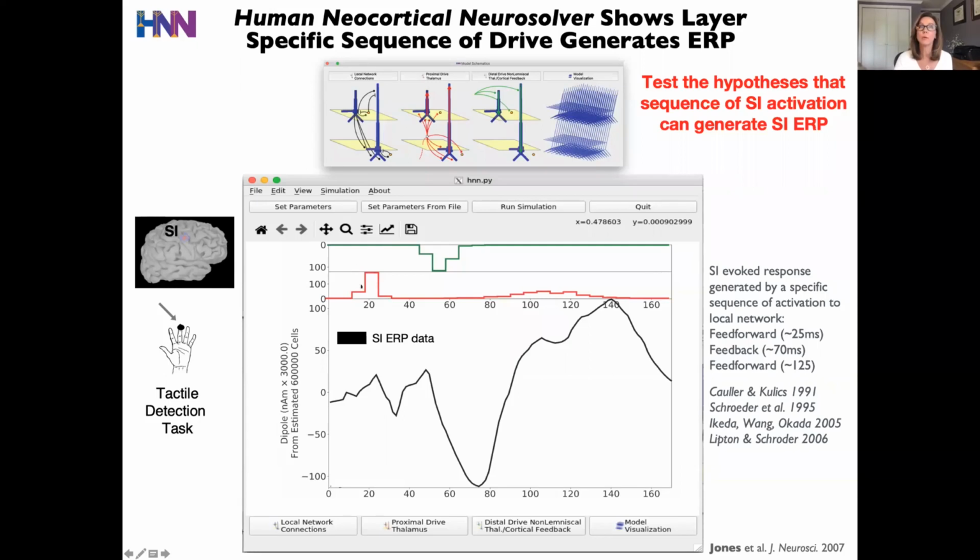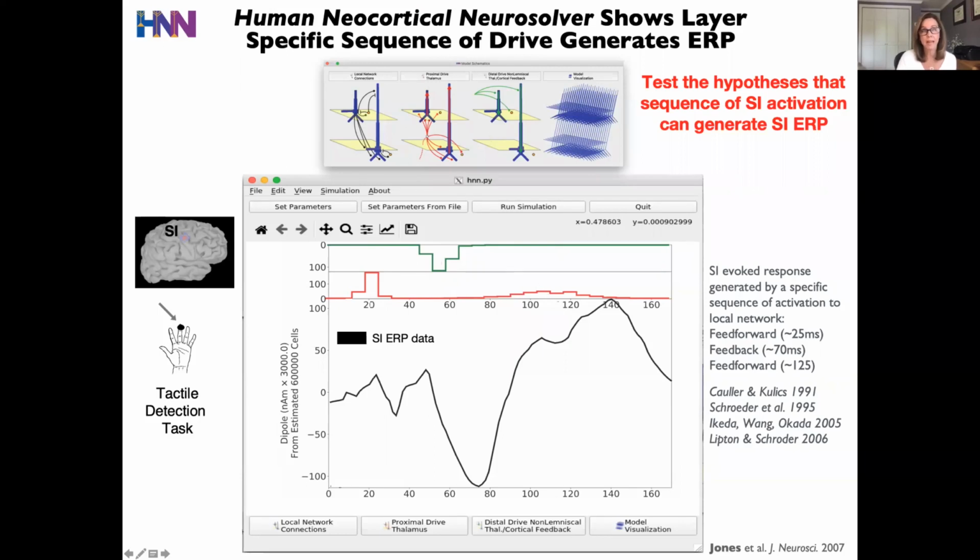And so what I'm showing you here in the graphical user interface is a histogram of the driving spikes that we use in our network to represent proximal and distal drive. And so here we have a histogram of feed-forward drive, followed by feedback drive, followed by this late re-emergent feed-forward drive.